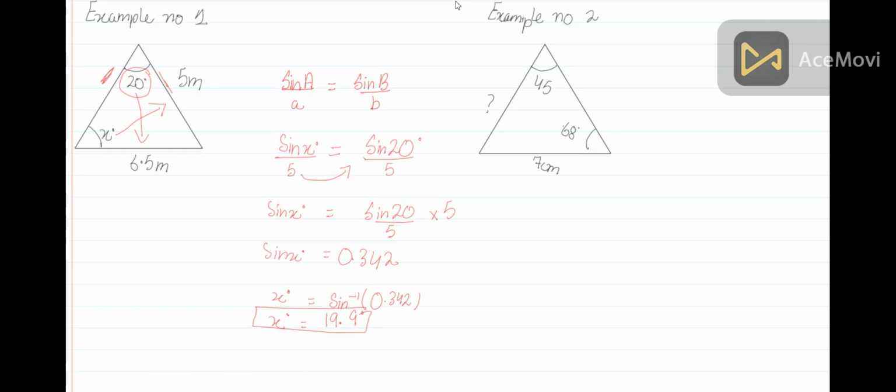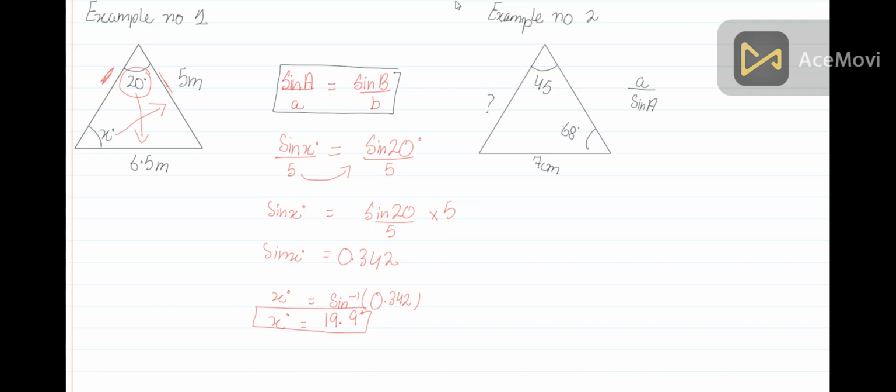In this example, we will use the condition number 2, that is 2 angles and one side. So if 2 angles and one side is given to you, then we easily use the sine rule. And in this example, we have to find out the length. So for length, above I said k, this way of writing is preferable. You can use either formula and you will get the same answer.